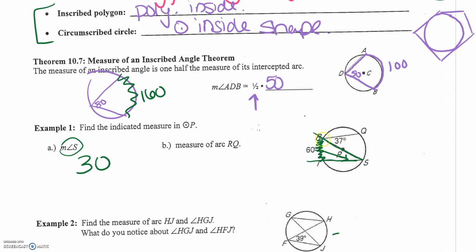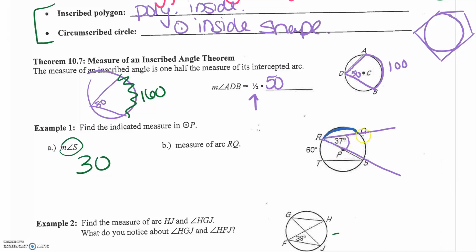For the next one, RQ is here. Okay, this one you have to think a little bit harder about. RQ is not part of an angle, but there is an angle here that is 37.